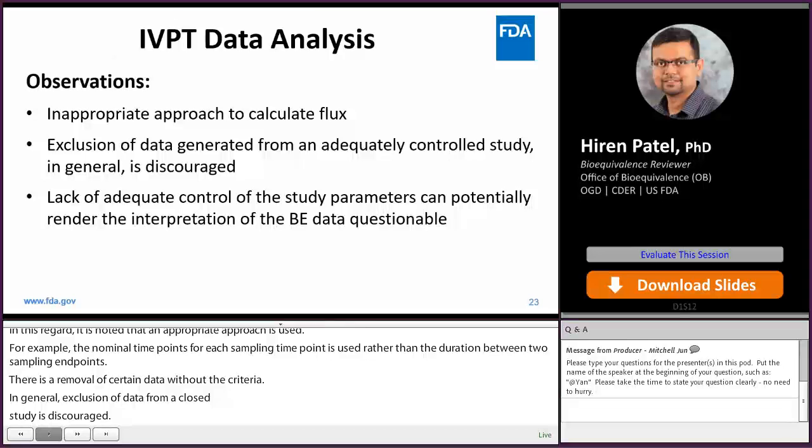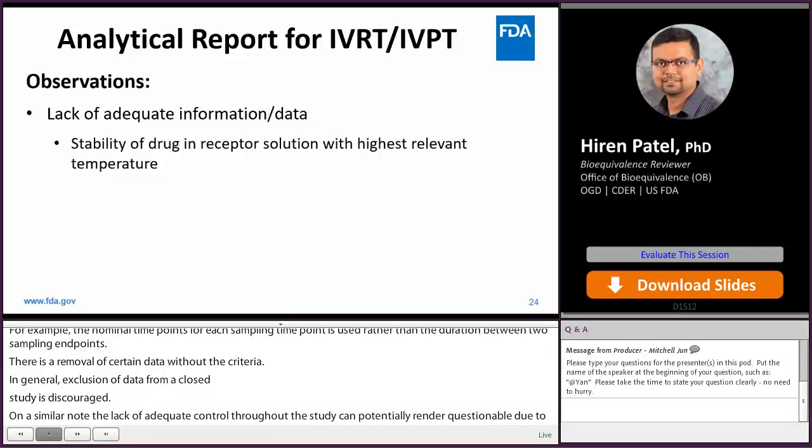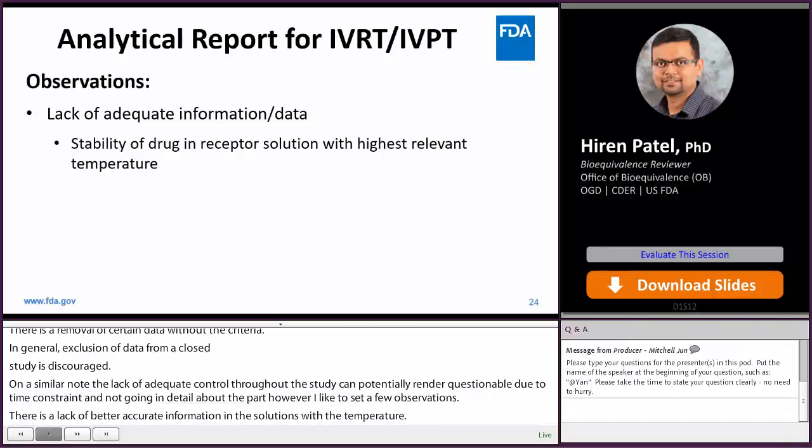However, I would like to share a few observations. There is lack of adequate information or data on the stability of drug in receptor solution at the highest relevant temperature. Please note that the recommendation is to maintain the membrane or skin surface temperature at 32 degrees Celsius, and to achieve that, the receptor solution temperature may be kept warmer than 32 degrees Celsius, and that temperature should be used to demonstrate the stability.